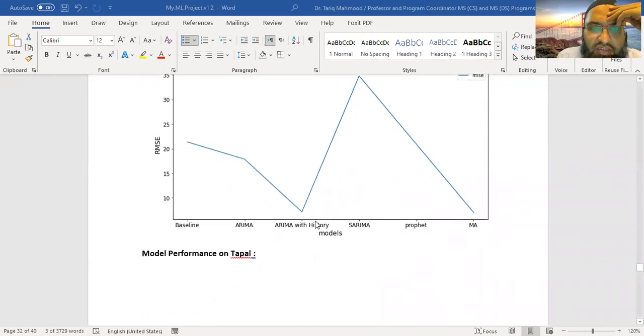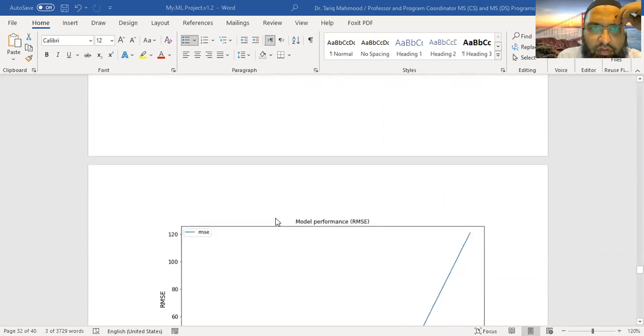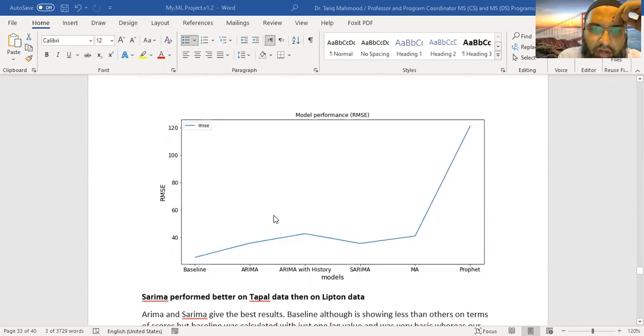So we have seen that ARIMA with history and the moving average model are giving much better results as compared to the other 3 or 4 options. This is for the case of Lipton, and for the case of Tapal, the minimum is being given by the baseline model, or I think we can take the ARIMA as the minimum one in this case, or maybe even the seasonal ARIMA.